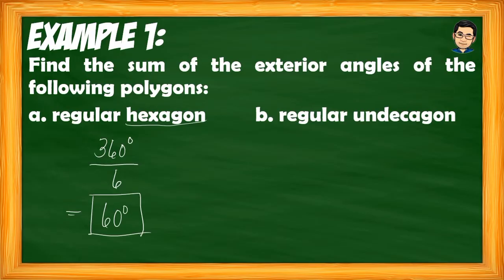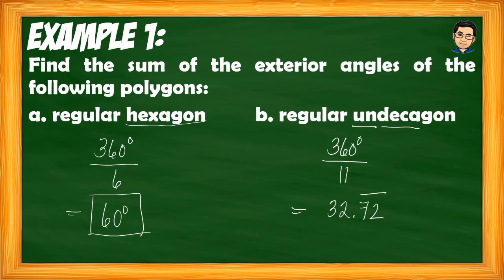Regular undecagon. So, regular undecagon or undecagon is a polygon with 11 sides. So, yan yung un means 1 and then deca, 10, kaya 11. So, 360 degrees divided by 11 will give us a quotient of 32.72 repeating.